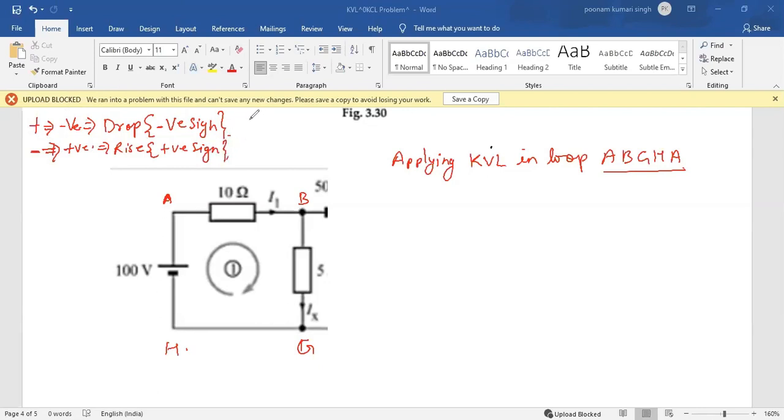This correlates with the sign convention associated with KVL. You have to keep this in mind.